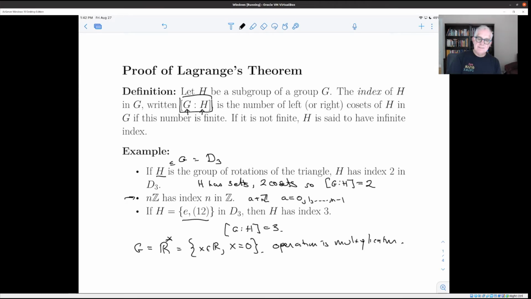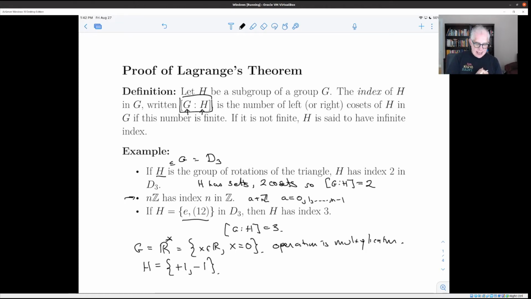Let's take for our subgroup H a 2-element subgroup, which consists of plus and minus 1. And this is a subgroup because it's closed under multiplication: minus 1 times minus 1 is 1, 1 times minus 1 is minus 1, 1 times 1 is 1.